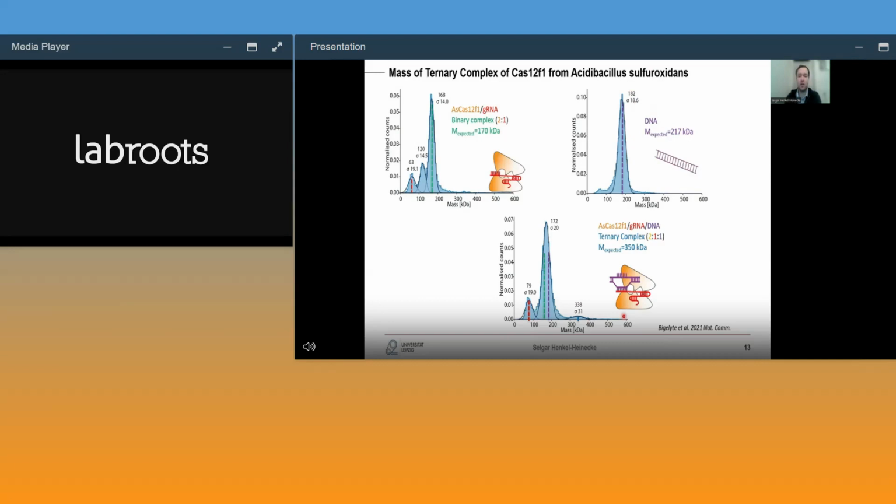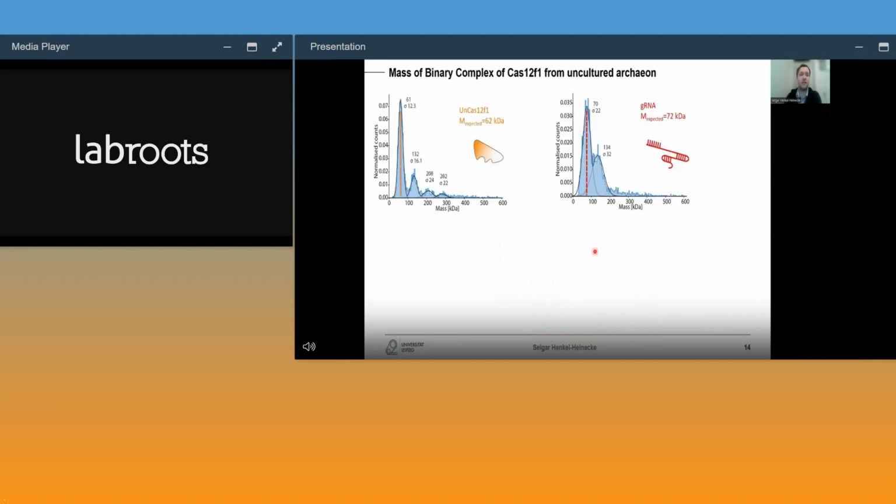And when we look at the ternary complex, we again expected a 2-to-1 ratio, and here we again got a peak around this position, so we could resolve this 2-to-1 ratio with mass photometry.